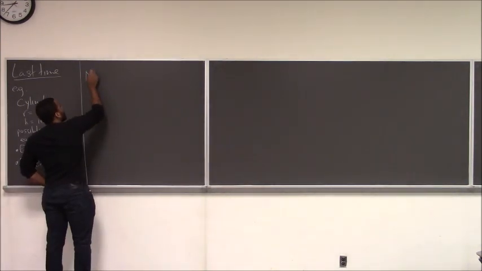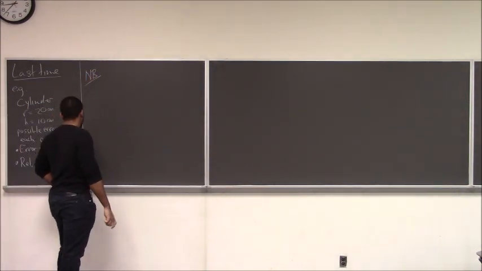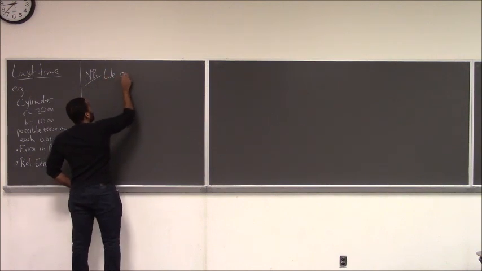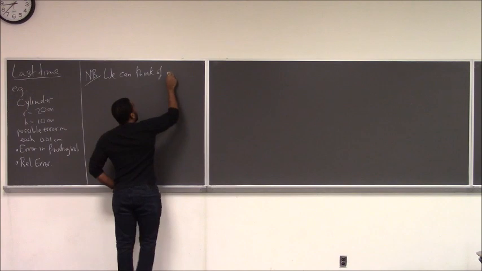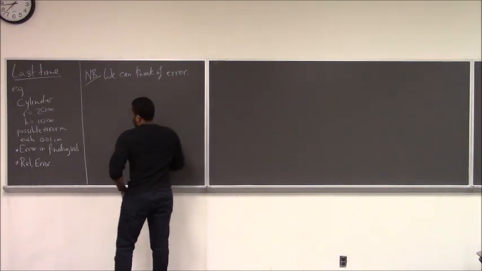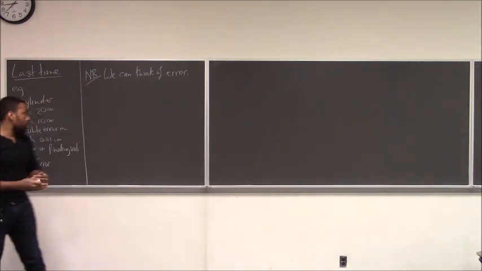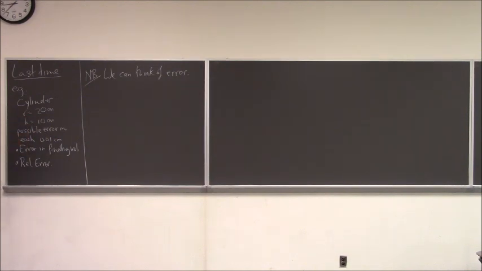So we have a cylinder here, and we want to measure its volume, and we have possible errors here. So note, we can think of the error as the difference in volume between what this would be with the actual measurements and what it would be with these increased measurements.